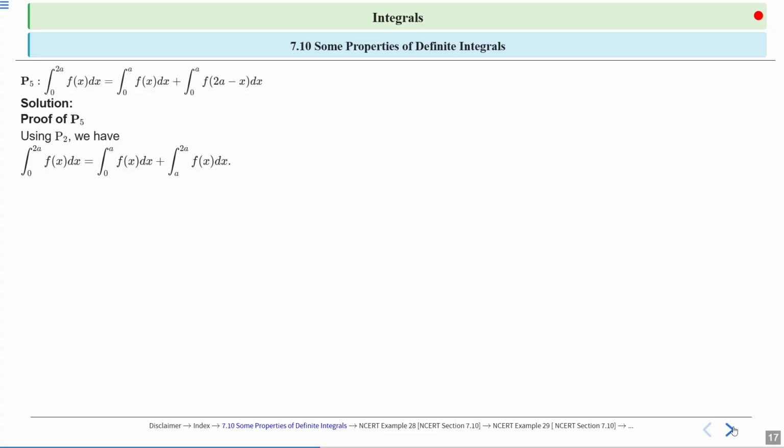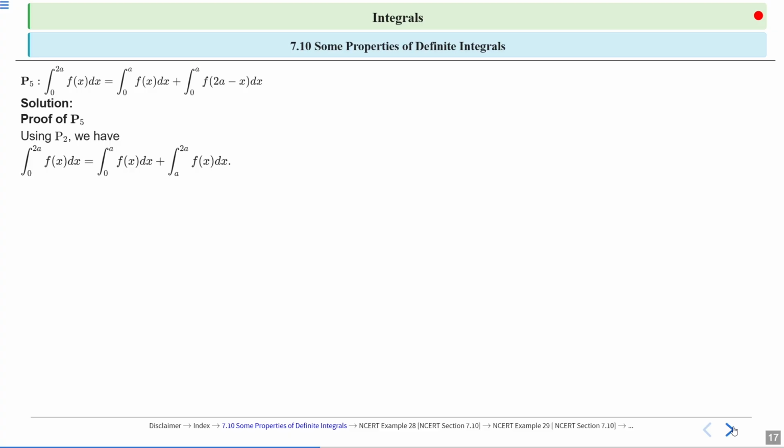In property 2, we can split the integral into intervals. That is, the integral from a to b of f(x) dx can be written as the integral from a to c of f(x) dx plus the integral from c to b of f(x) dx. So we just split the interval. In the left hand side, the interval is from 0 to 2a. Lower limit is 0 and upper limit is 2a.